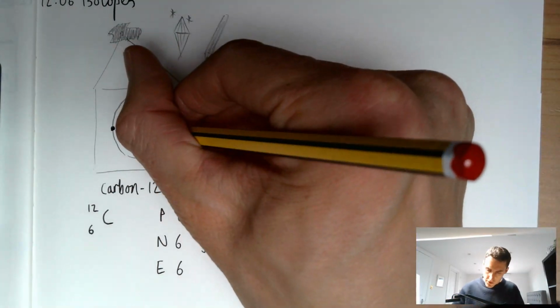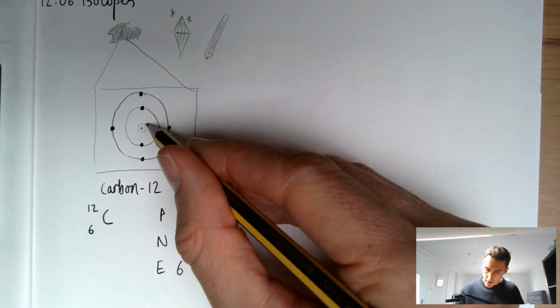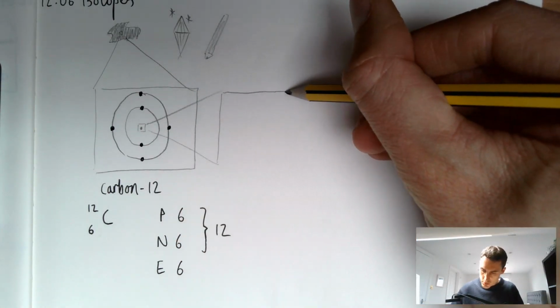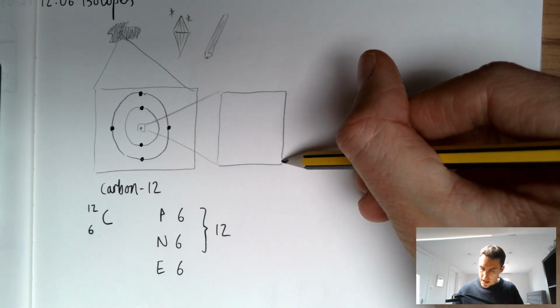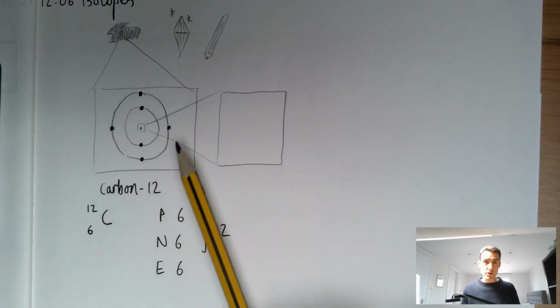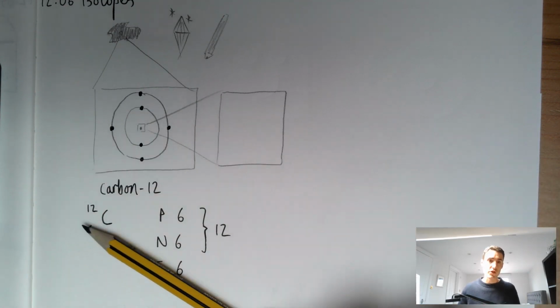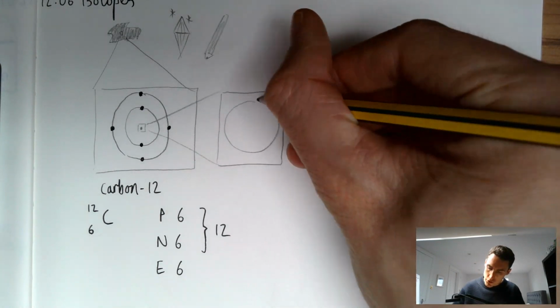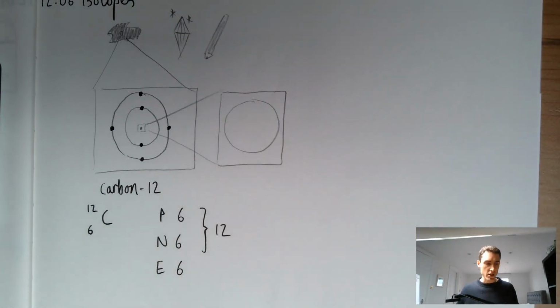If we were to zoom in on this nucleus, what would it look like? Again, we always want to give them the mental model and then show how that maps onto the more abstract representation. So I've zoomed in on my nucleus, and I'm looking now on a very tiny scale.